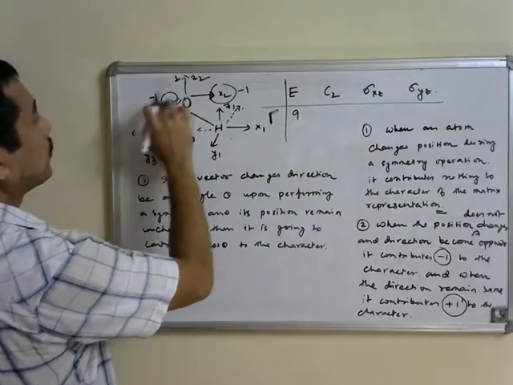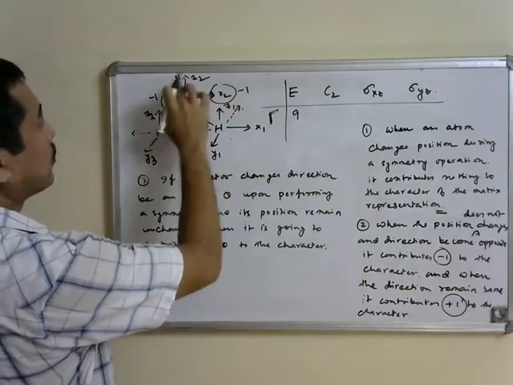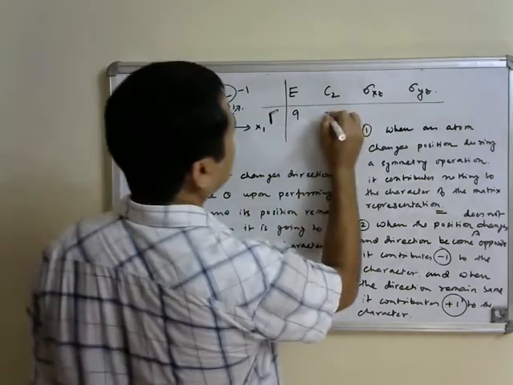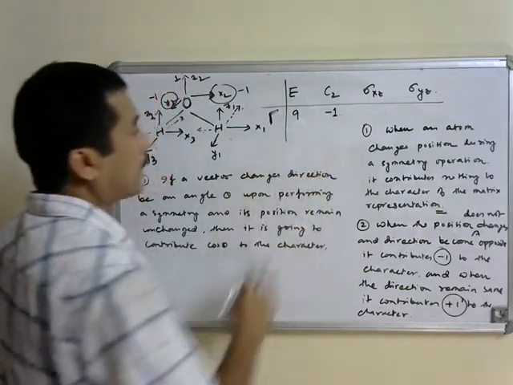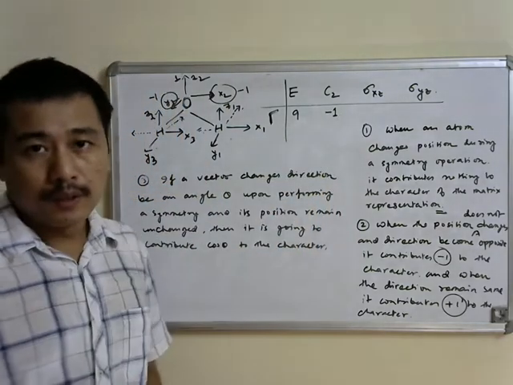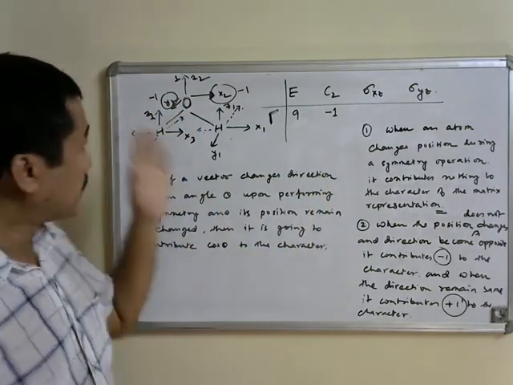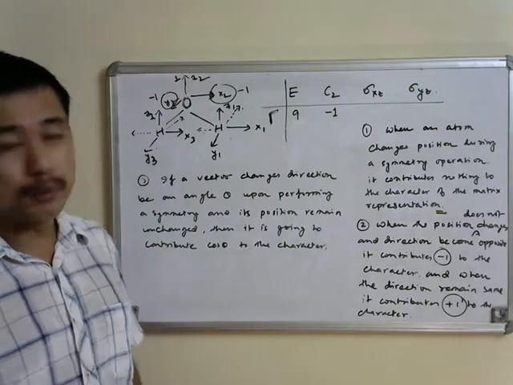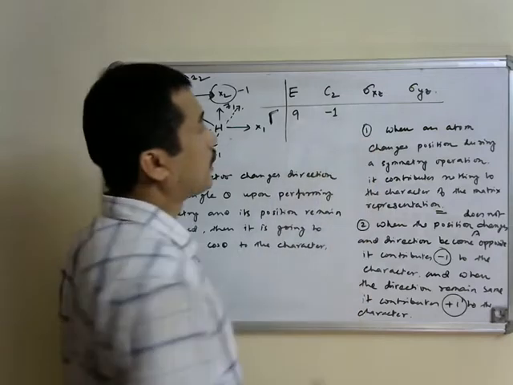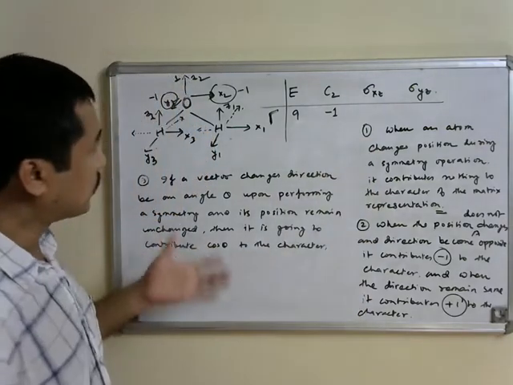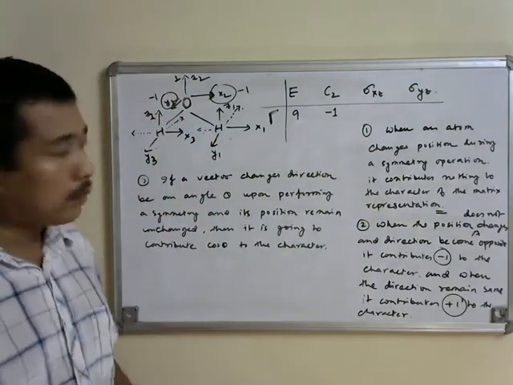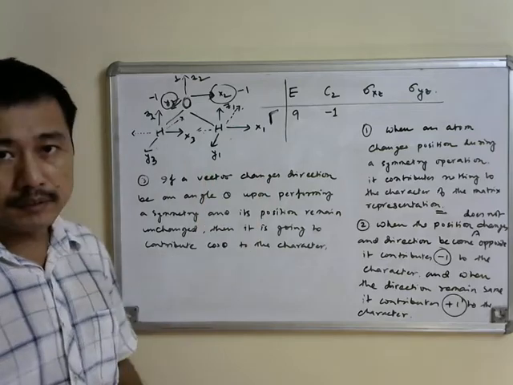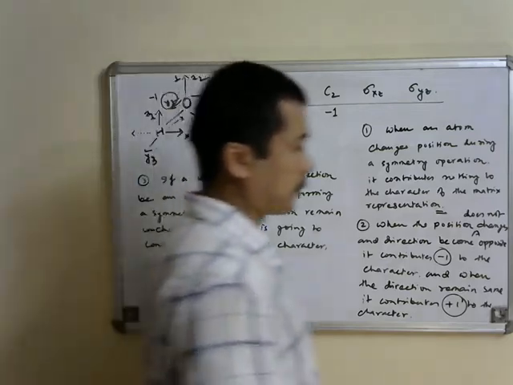So the total character of the matrix will be -1, -1, +1, which is equal to -1. So we know the character of the matrix just by looking at the displacement vectors on the atoms which did not change position. Let us now find out the character of the matrix for sigma v xz by using this particular procedure.